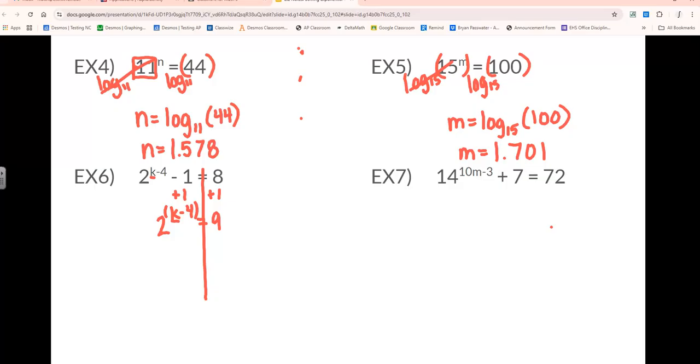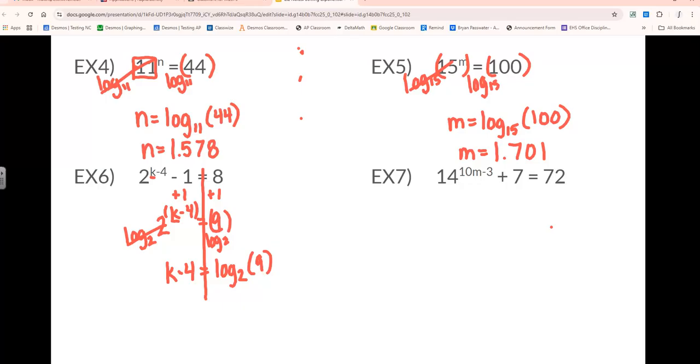And Joey, what do I do to get rid of a base of an exponent? Log with that same base. So log base 2 right here. We'll cancel that out. But if I do that to one side, I've got to do it to the other. So over here, I will just have k minus 4. Right here, I'm going to have log base 2 of 9.